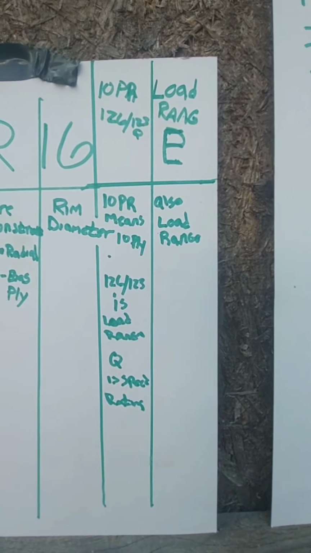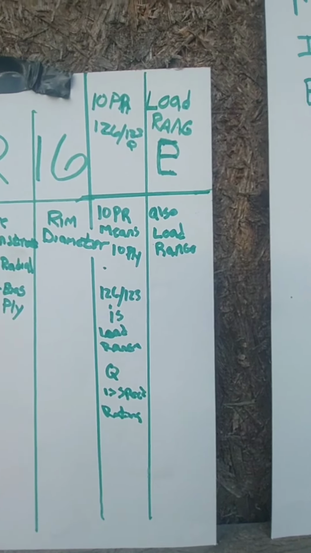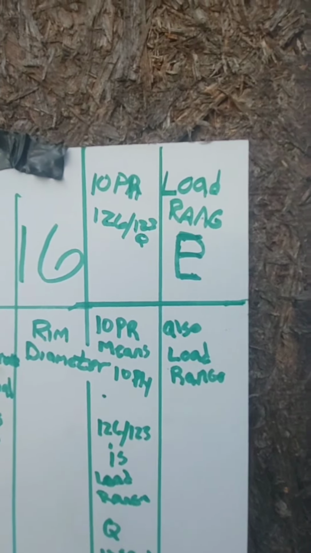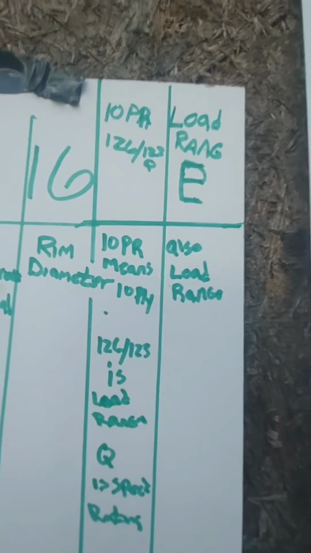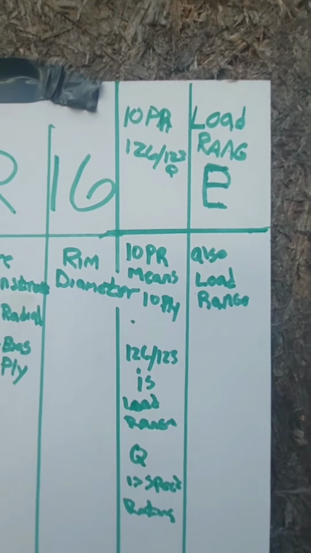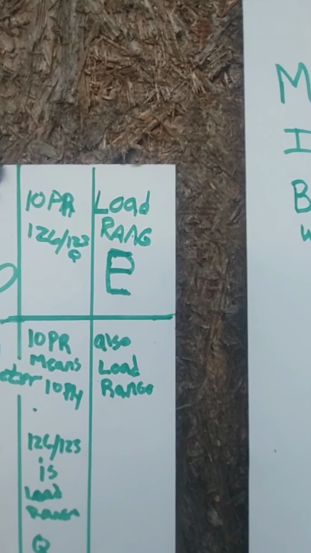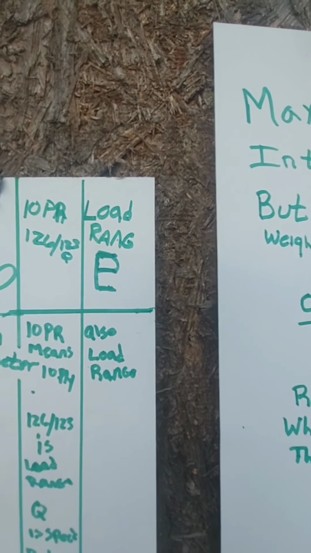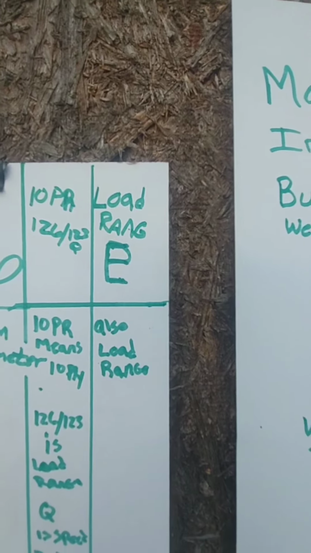The higher the letter, the faster the speed rating is. 10 PR is 10 ply, and then the 126, 123 have different classifications in the actual weight. Also written on this tire, it's a load range E, which stands for, again, a 10 ply tire, and will give you the weight rating.